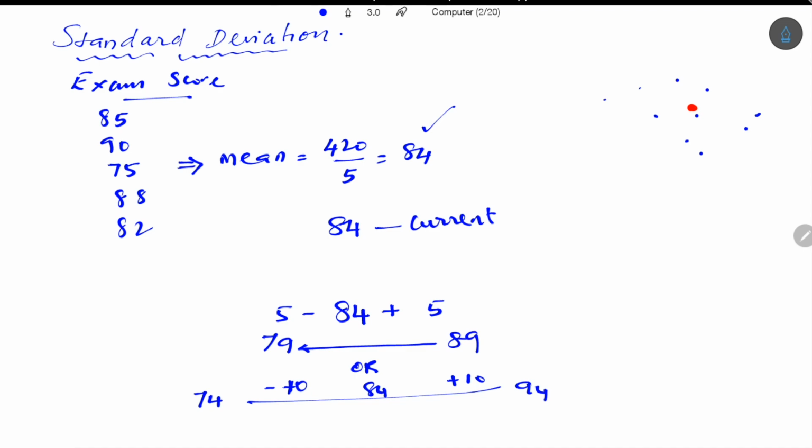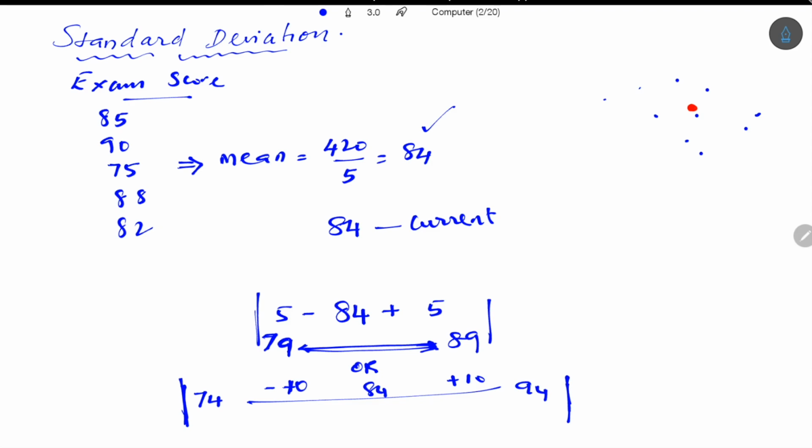This is the range of one situation or one course. See, course number 1, course number 2, this may be their range. If you see the range 79 to 89, the difference in range is almost 10, but here the difference is almost 20.